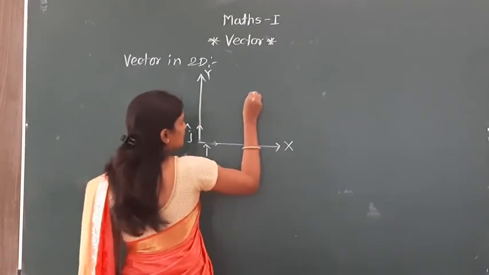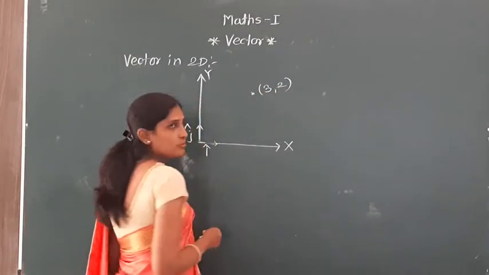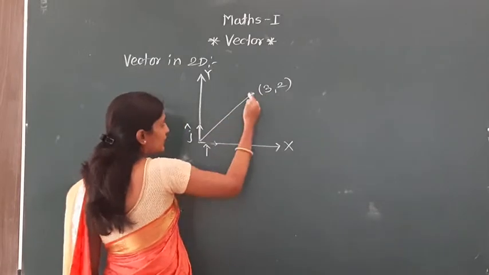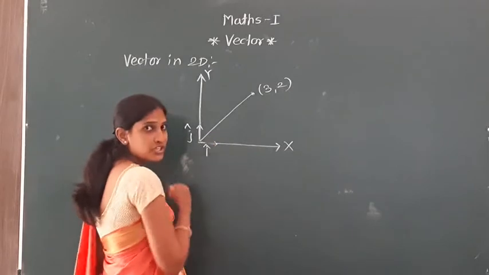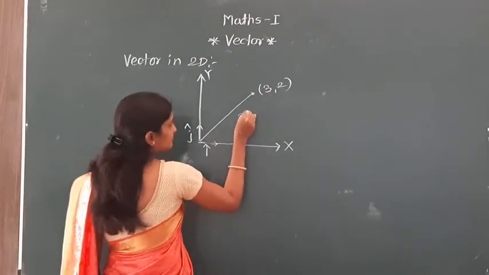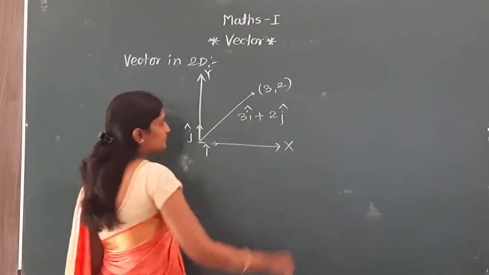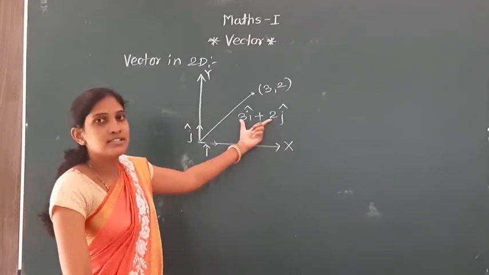If there is a point whose coordinates are 3, 2, then its position vector from the origin is 3 I cap plus 2 j cap. This is the vector in the two-dimensional coordinate system.